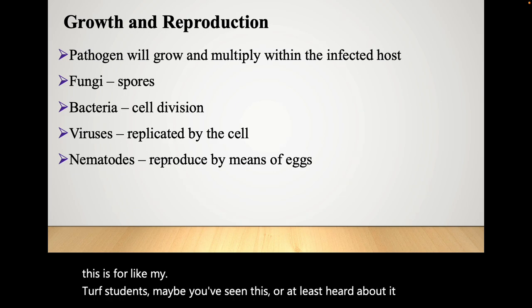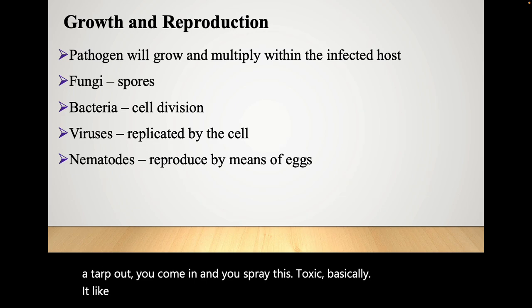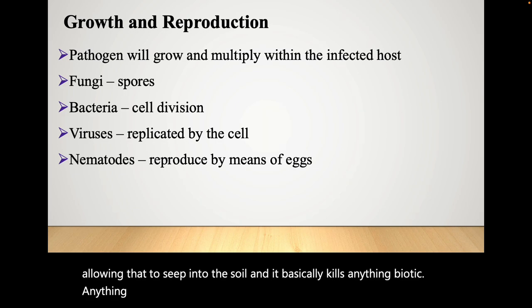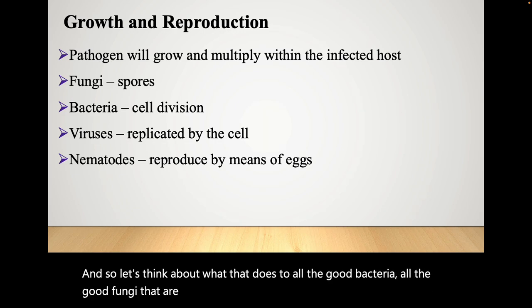They put a tarp out, you come in and you spray this toxic, basically like the bug bombs, but you're putting it under a tarp and allowing that to seep into the soil, and it basically kills anything biotic, anything alive in that soil. Let's think about what that does to all the good bacteria, all the good fungi that are in your soil. Is that a positive thing or a negative thing?